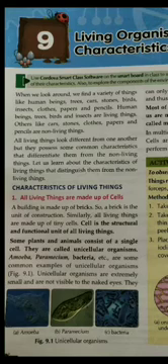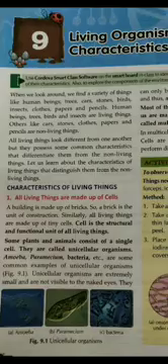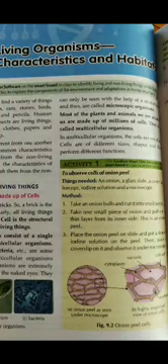Some plants and animals consist of a single cell. They are called unicellular organisms. So, unicellular organisms are those which are made up of a single cell. Example, amoeba, paramecium, bacteria. On the other hand, organisms which are made up of millions of cells are known as multicellular organisms.